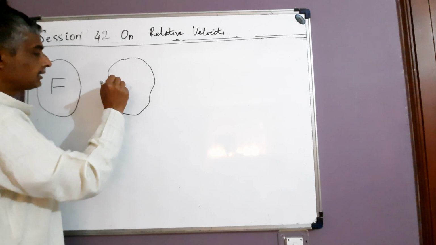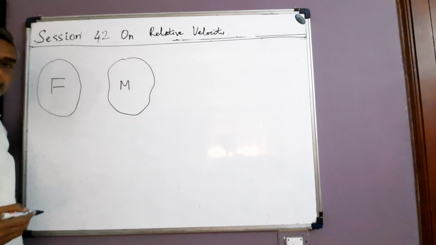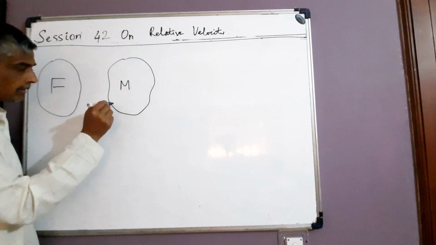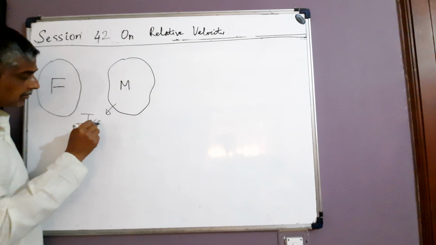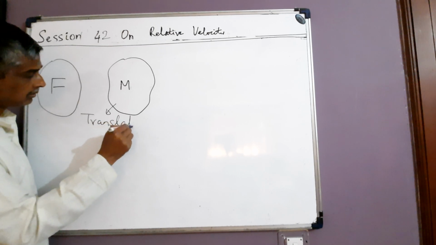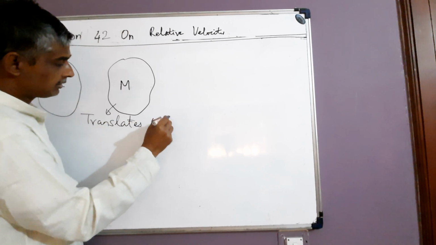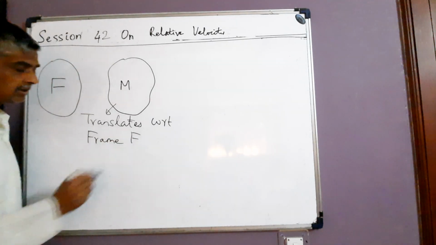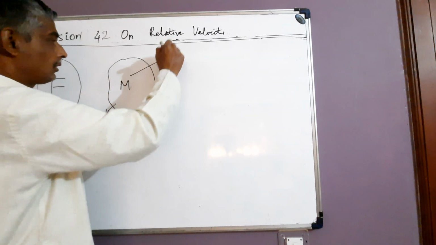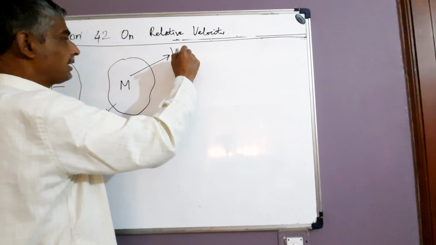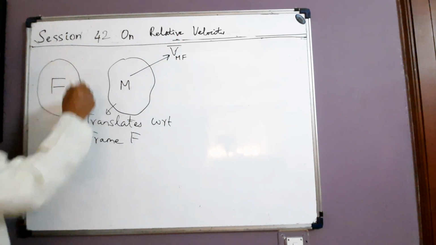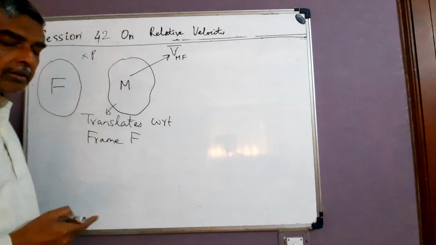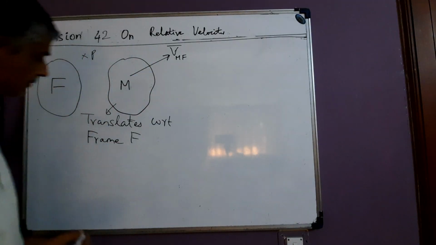Frame M translates with respect to frame F. VMF is the velocity of frame M with respect to frame F. P is a point which is moving with respect to both the frames in general.